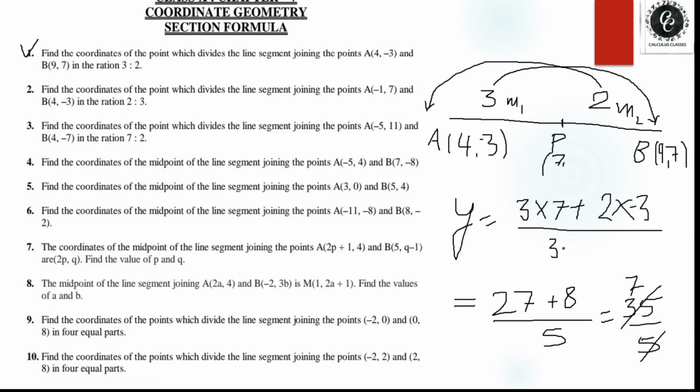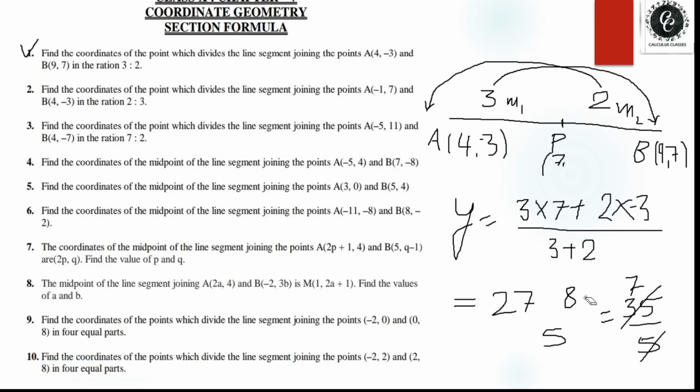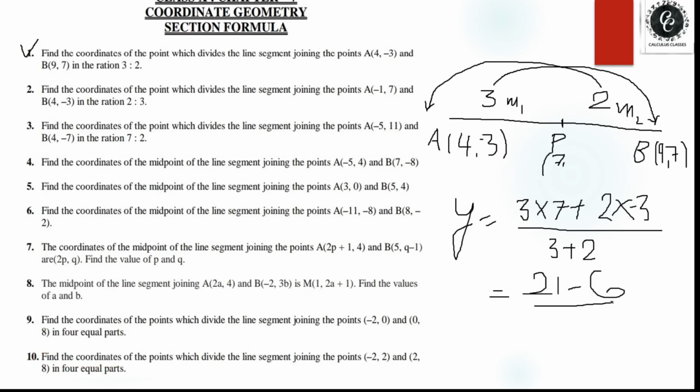Then 3 times 7 is 21, minus, so the minus sign will come because the negative sign is there, 3 times 2 is 6.